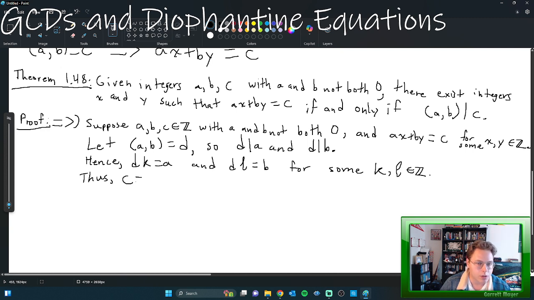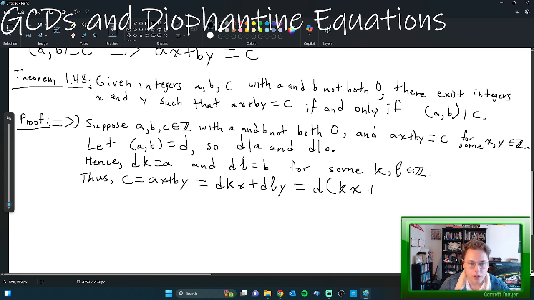C equals ax plus by, as we know, which also equals dkx plus dly. So we can factor out this d and be left with kx plus ly. That almost looks like an x. Don't worry, that is a y. So the GCD of a and b divides c. Okay, so we've proven the first direction.